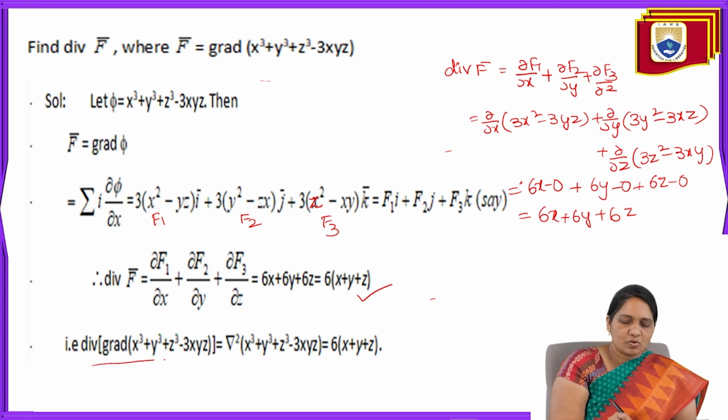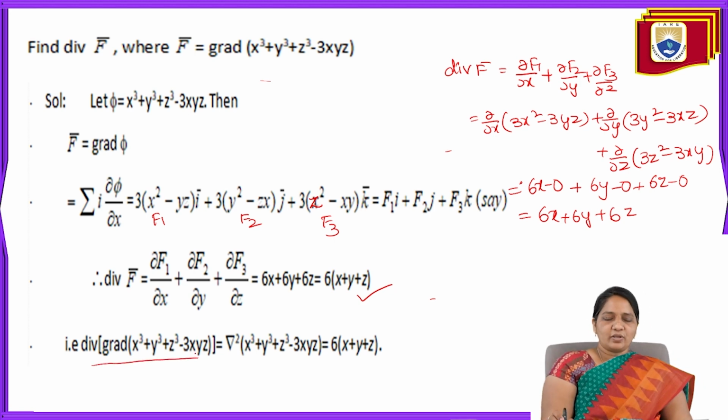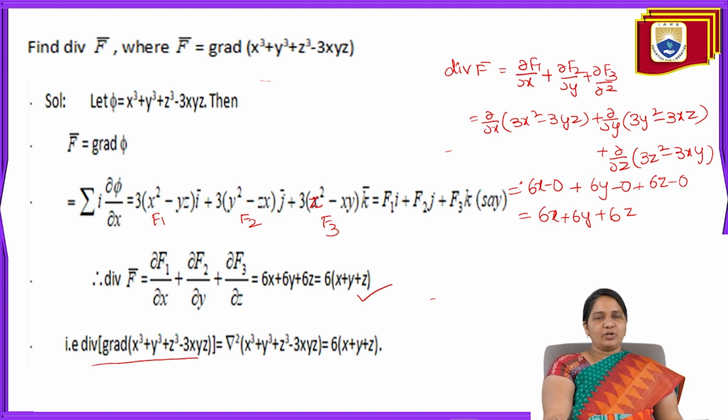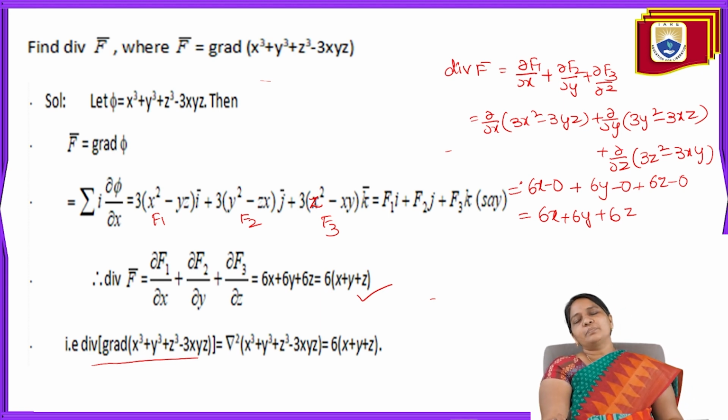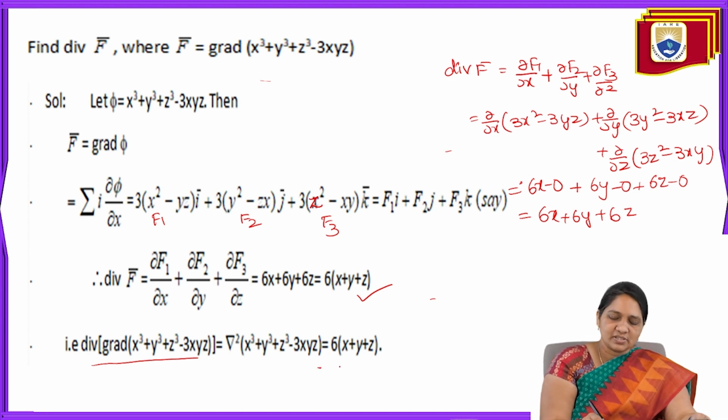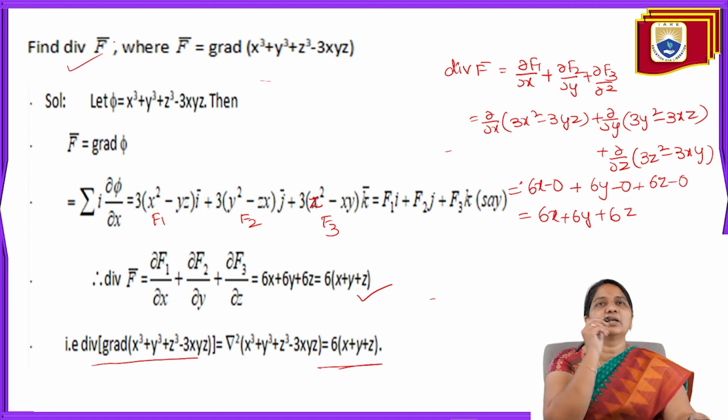So divergence of grad of x cube plus y cube plus z cube minus 3xyz is equal to 6 into x plus y plus z. This is the final answer after calculating the divergence of f bar.